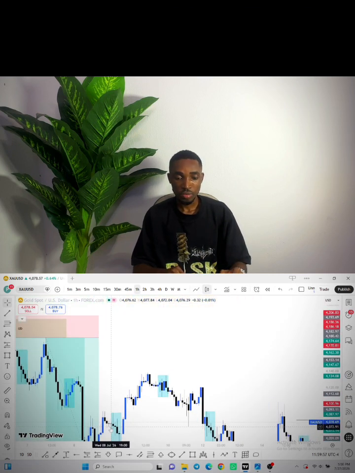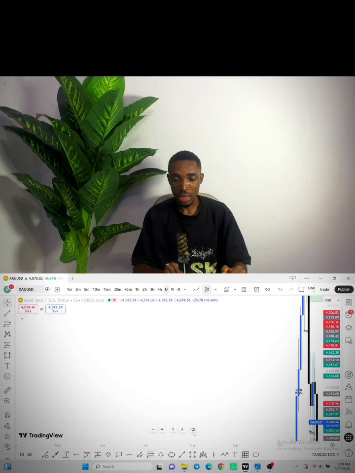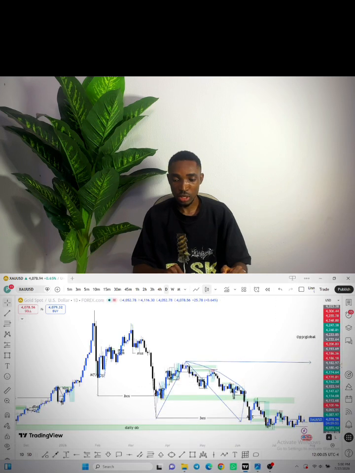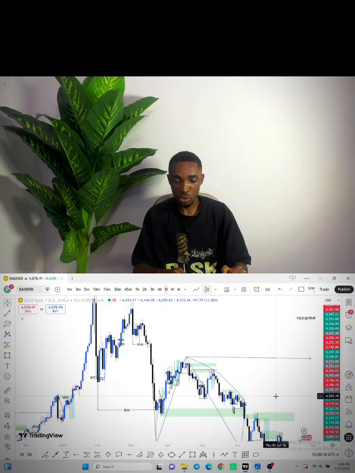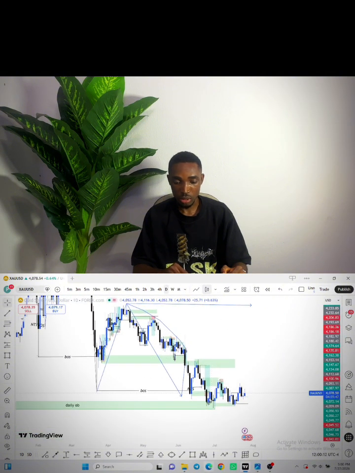So on a daily time frame, the low that gave us that impulsive move, gold hasn't taken out that low yet, which is this particular low.